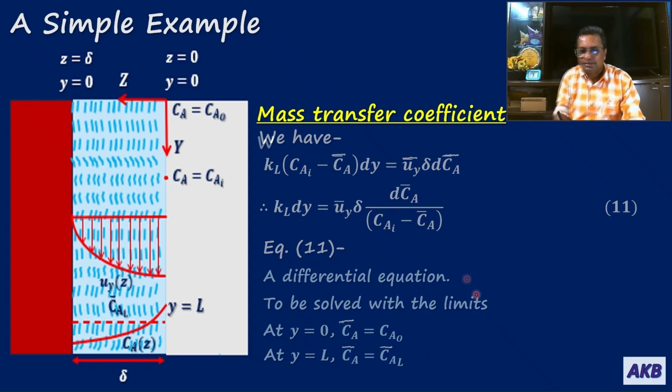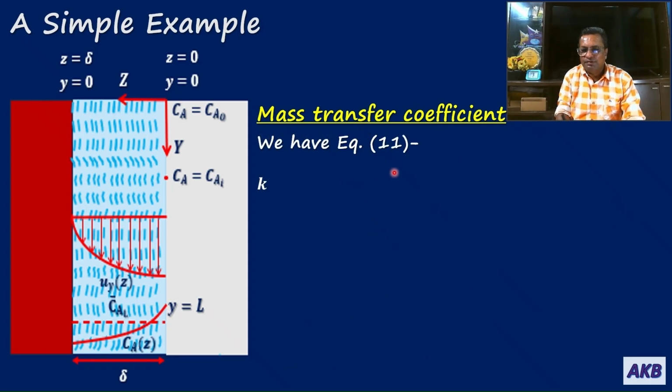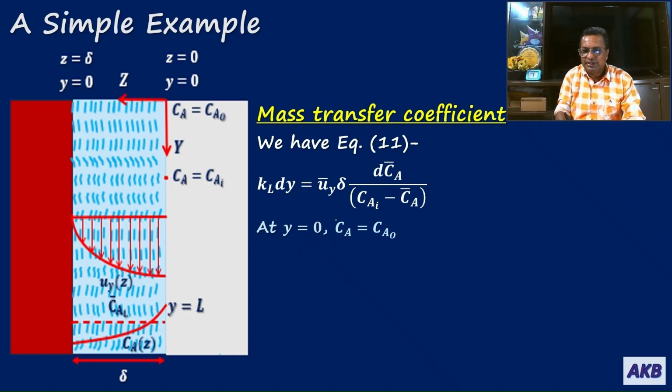Let us move on. So we have equation 11, we got it earlier: KL into dy is equal to Uy bar into delta into dCA bar by CAI minus CA bar. At y is equal to 0, CA bar is CA naught, and at y is equal to L, CA bar is CAL bar.